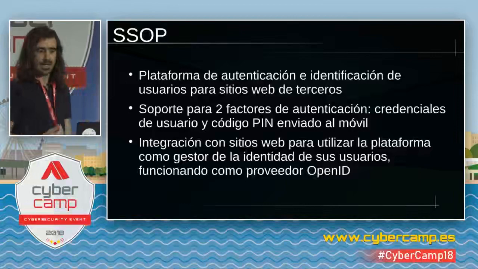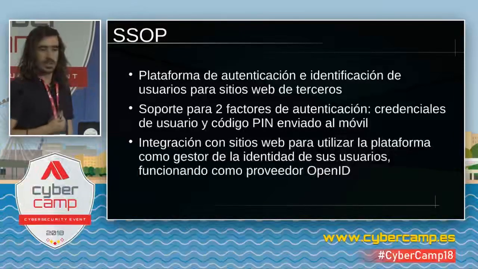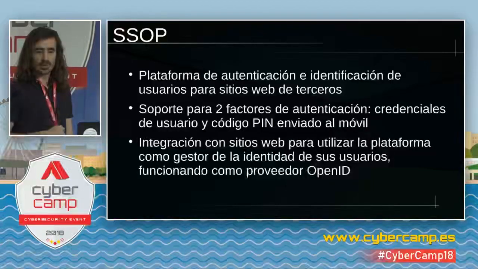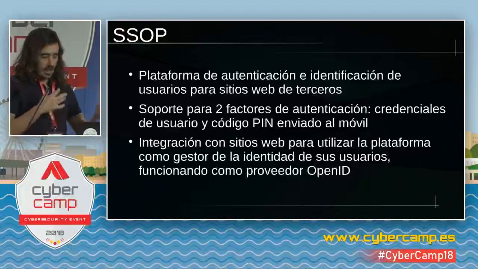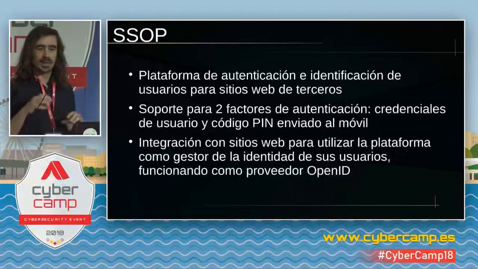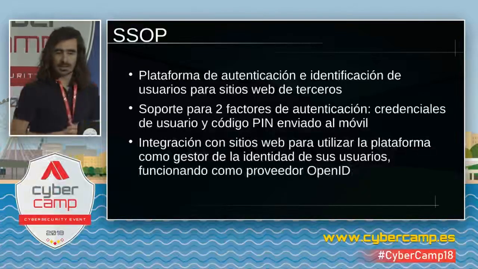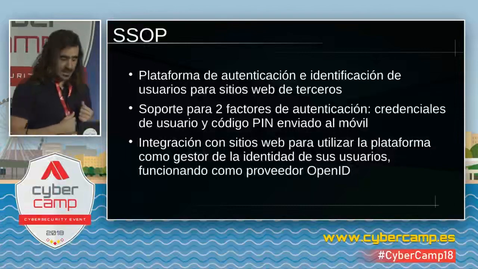So, double factor identification. Bueno, trajimos, vino el día siguiente de llegar nosotros un lector de huellas. So, we couldn't make the USB to work properly. We had a library that supposedly would do that for us, but our browsers couldn't identify the fingerprint identification for some reason.